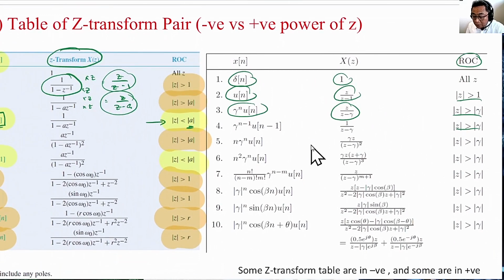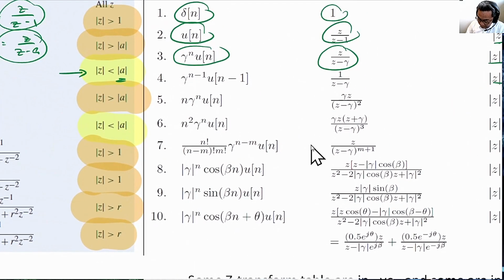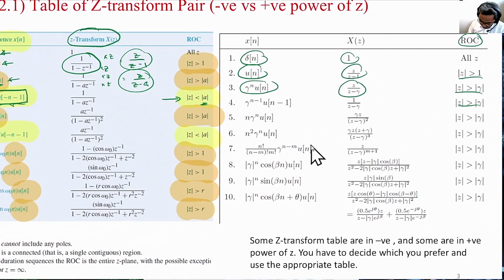We don't expect you to memorize the whole Z transform table. You'll be given a table if necessary, or you'll be asked to derive it if that is the exam question, or quiz question, or lab question. What we expect you to be able to do is, given the Z transform entries, manipulate them.